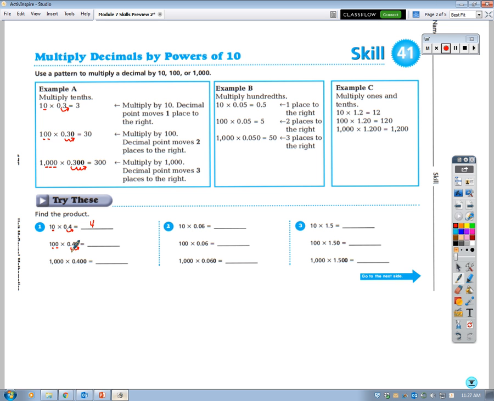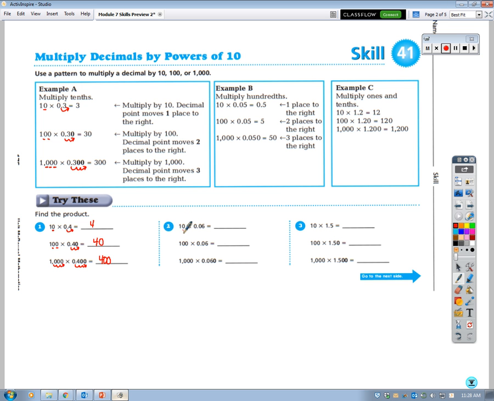We've got 2 zeros, so we're moving 2 to the right. That would be 40. And this next one, 1,000 times 4/10 again, right? We have 3 zeros here in our whole number, so we are moving 3 to the right. So you're counting the number of zeros in your base 10 and moving the decimal that many spots over to the right.